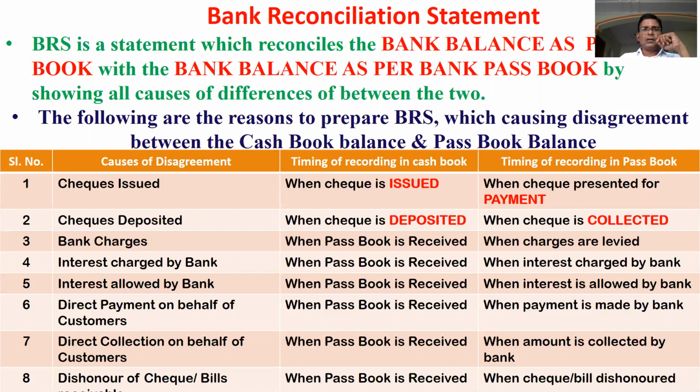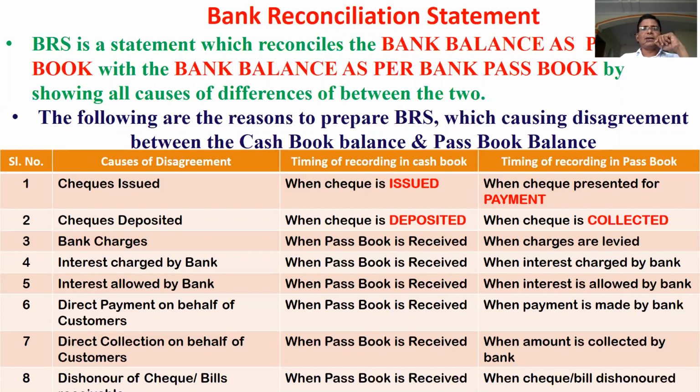That's why the bank passbook balance should be equal to the bank account prepared by the businessman in his books. Why is the cash book used here? Because usually the businessman writes all the bank transactions in the 3-column cash book, bank column.